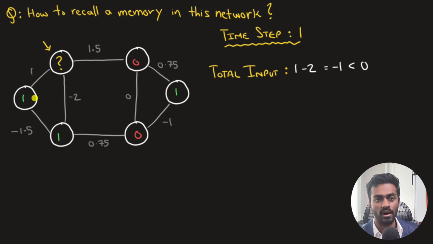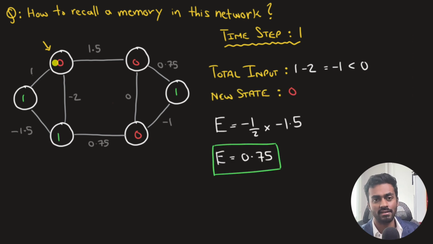So in this case, 1 times 1 plus 1 times minus 2 plus 1.5 times 0, that's going to be negative 1, and it's less than 0. And so what we do is that the new state of this neuron is going to be 0. And by doing so, we'll see that the energy has decreased from 1.25 to 0.75. So we're actually stepping in the right direction.